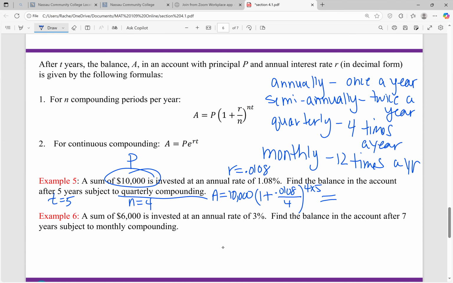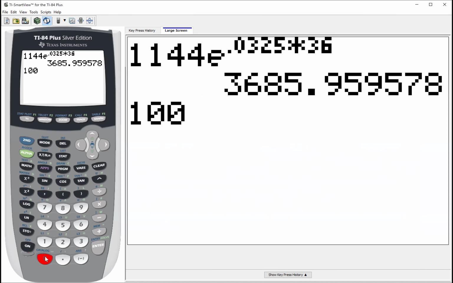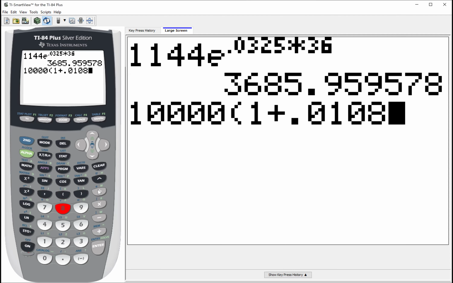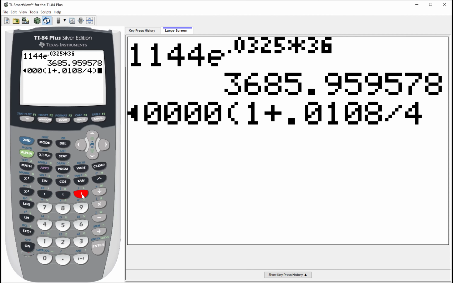So let's plug this into the calculator. We have 10,000 times 1 plus 0.0108 over 4, raised to the 4 times 5. So we have 10,000 times (1 plus 0.0108 divided by 4, close parentheses).